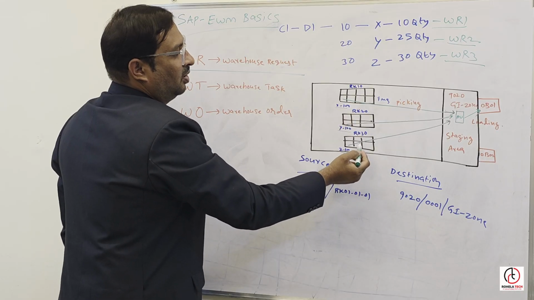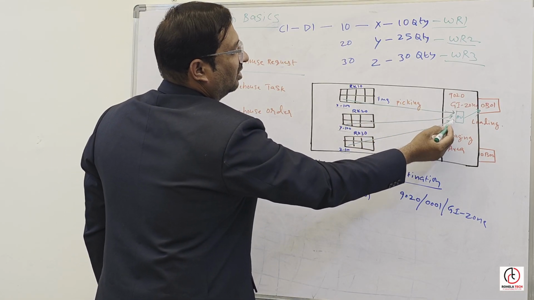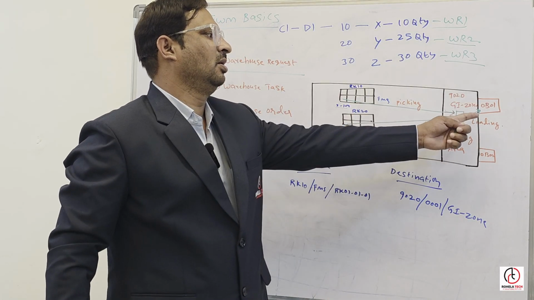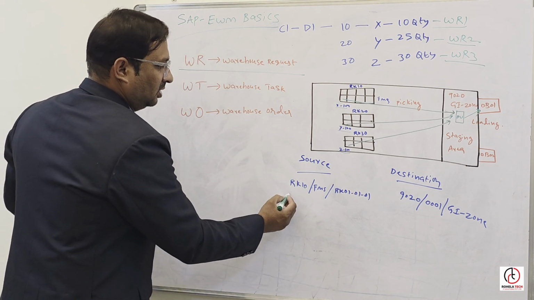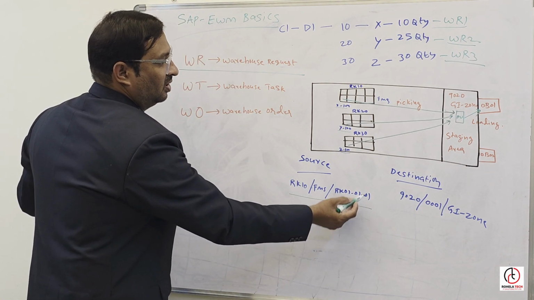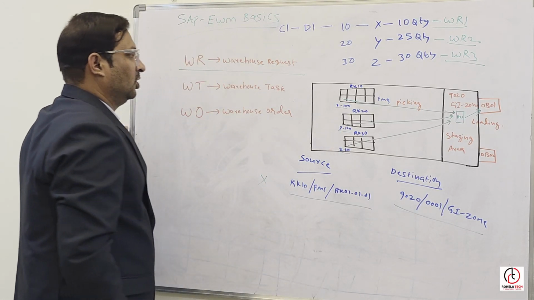So all these materials can be picked through the picking process, and we can consolidate in the staging area and load into the vehicle which is docked at the outbound door. So here the source is RK10, RK10-0101 for the X material, and this is the destination.